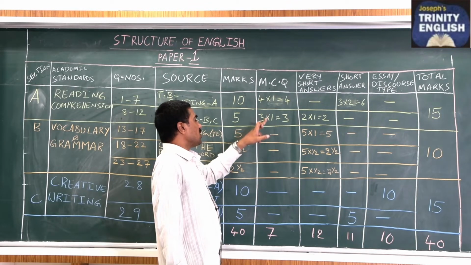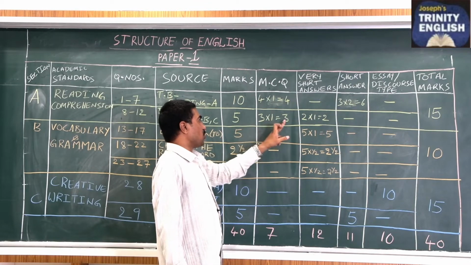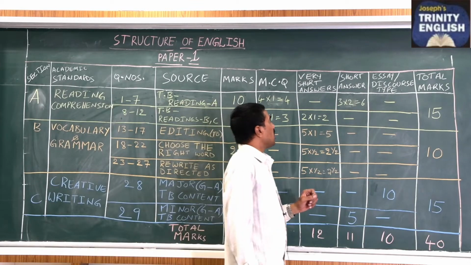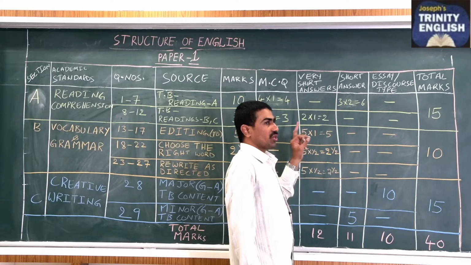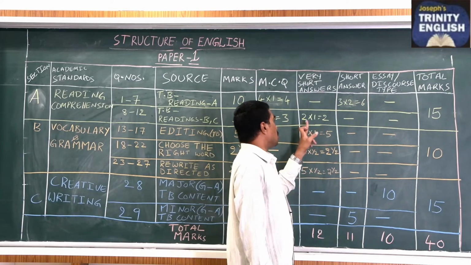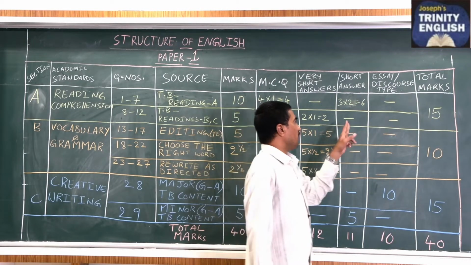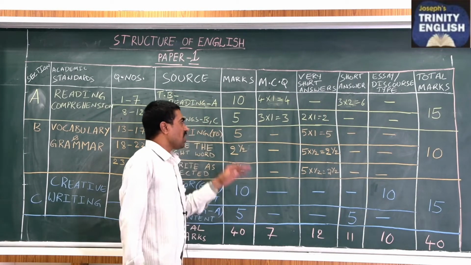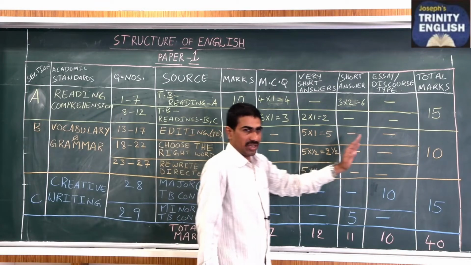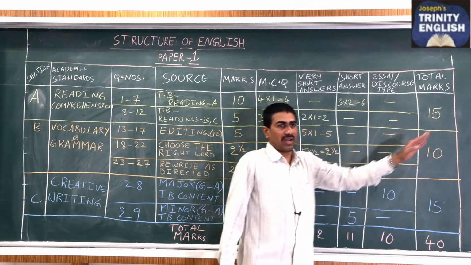Then there are 3 MCQs, 3 into 1 is equal to 3 marks. And we have very short answer questions, each question is allotted 1 mark, so 2 into 1 is equal to 2 marks. We do not have any short answer or essay type questions. And for the entire section we have 15 marks allotted.